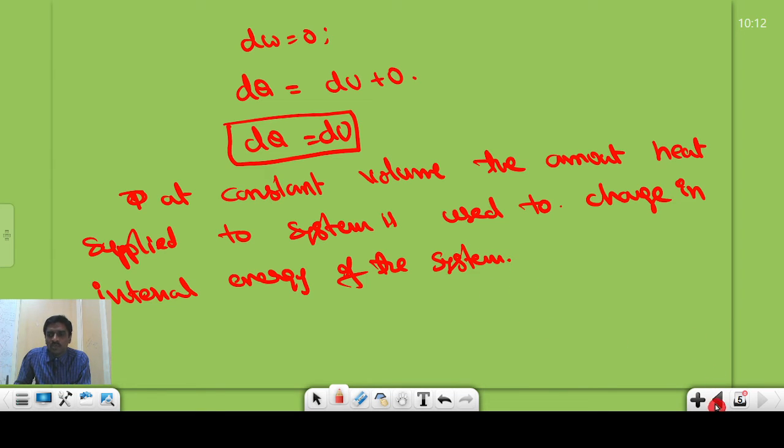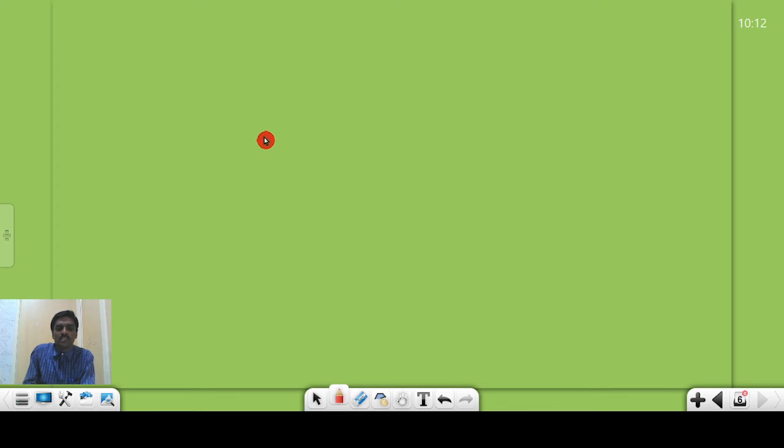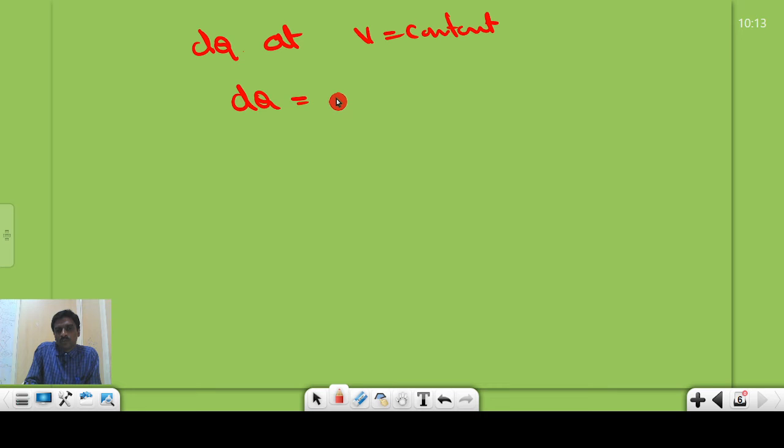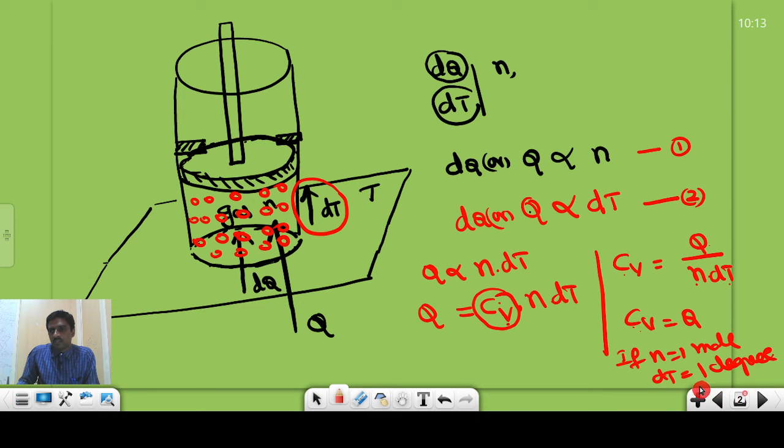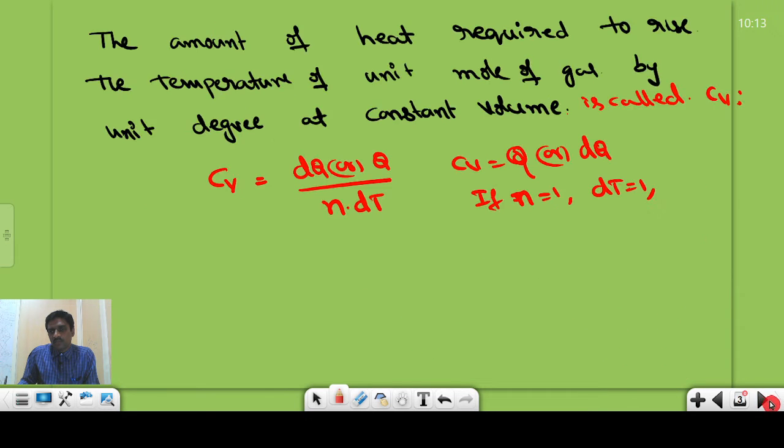We already know the formula for the amount of heat at constant volume. Let us recall that formula: dq is equal to n into CV into delta T. In the previous case, going back, the formula there is dU equal to nCV delta T, and I am using that formula here.